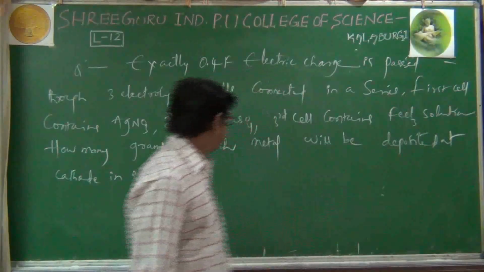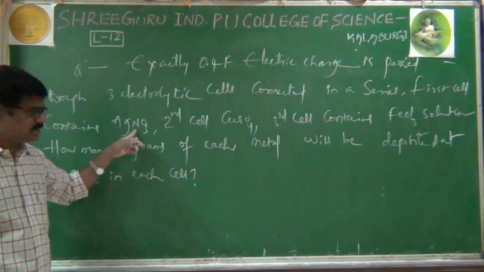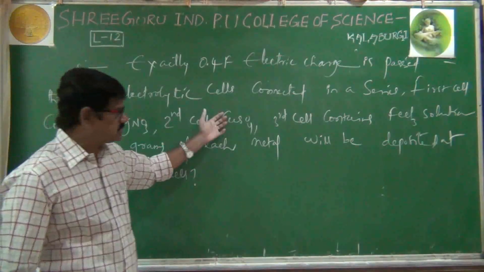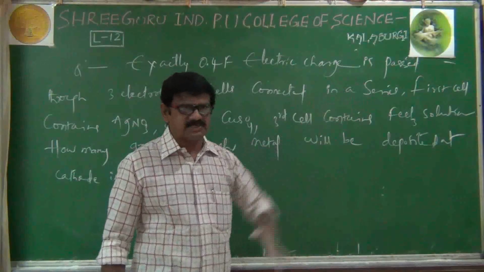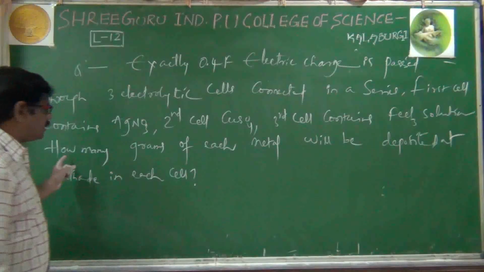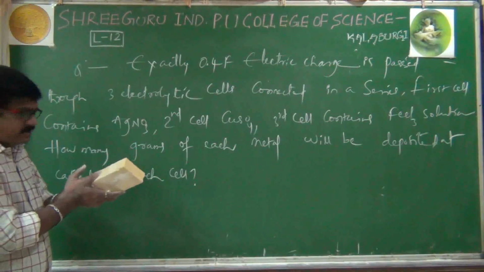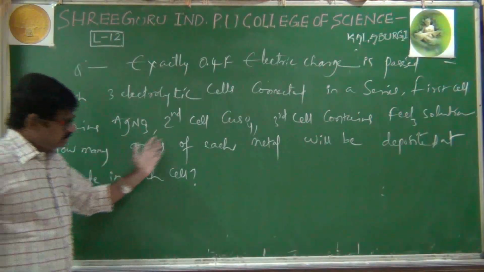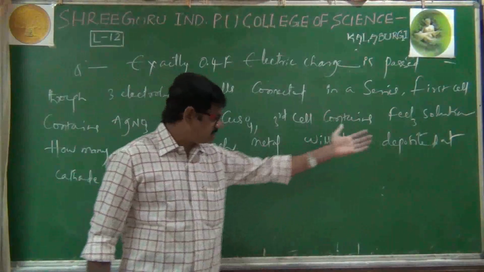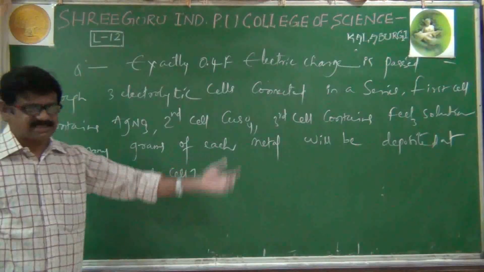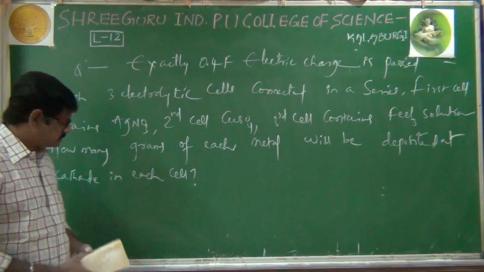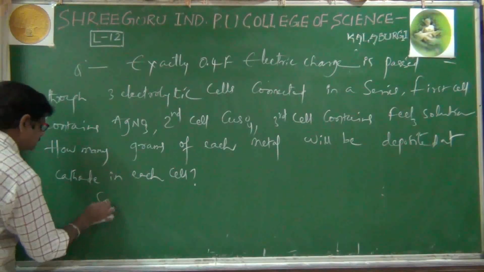In the first cell he has taken silver nitrate. In the second cell, copper sulfate solution. In the third cell, ferric chloride solution. And all three are connected in series. How many grams of each metal will be deposited at their respective cathodes is being asked. We'll see the solution like this.